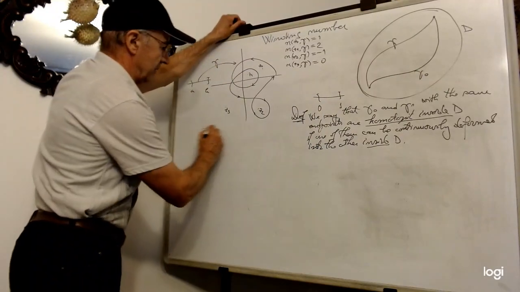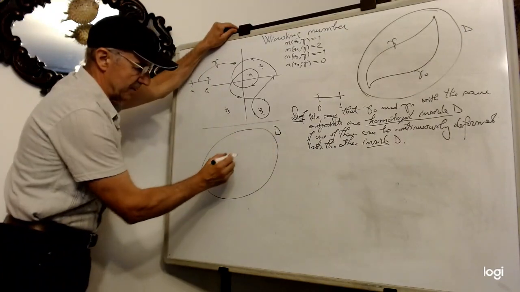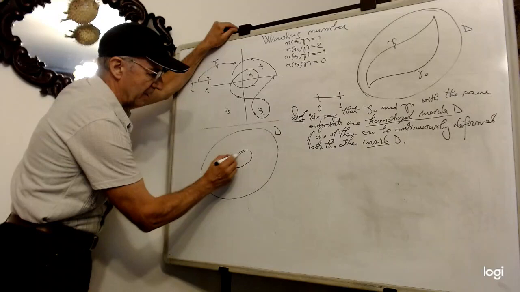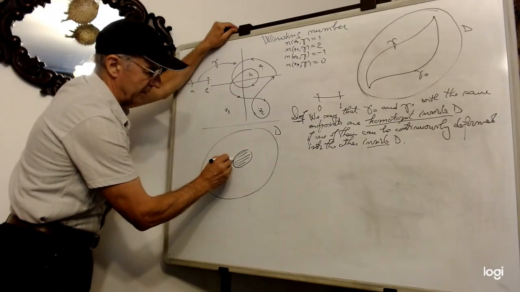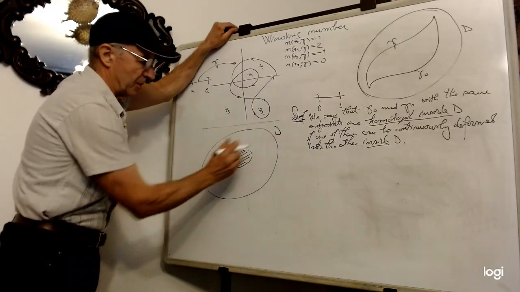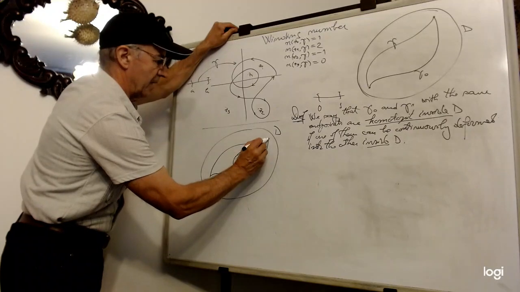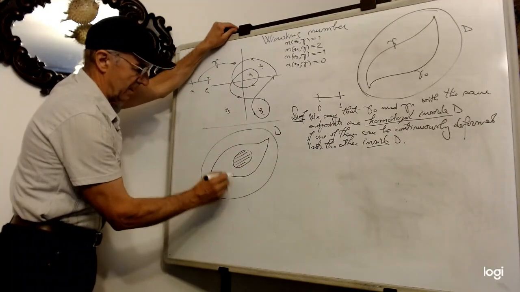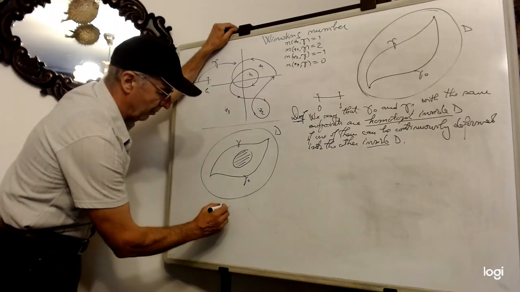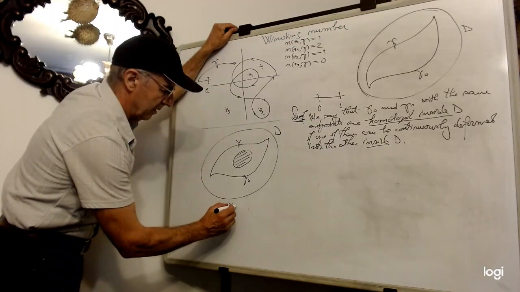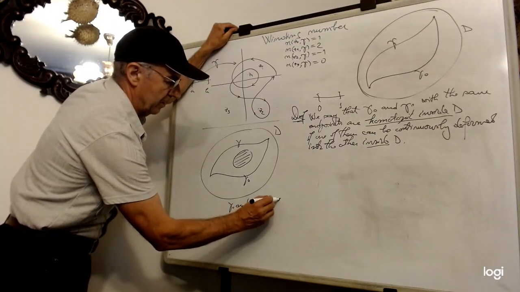For example, in the case when this is the set D, but this area does not belong to D. For example, these paths are not homotopic in D. Gamma 0, gamma 1, not homotopic.